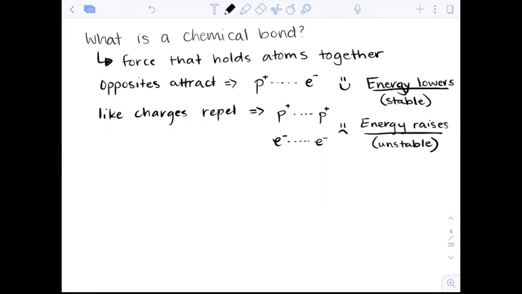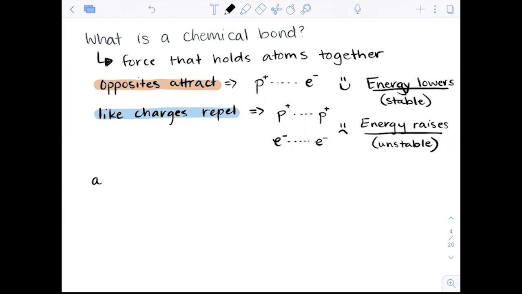So once we start thinking about the force that holds the atoms together, when 2 atoms come together, hopefully their attractive forces are going to outweigh their repulsive forces. And that's what we're going to start to look at. Chemical bonds form because overall, they lower the potential energy of the atoms.